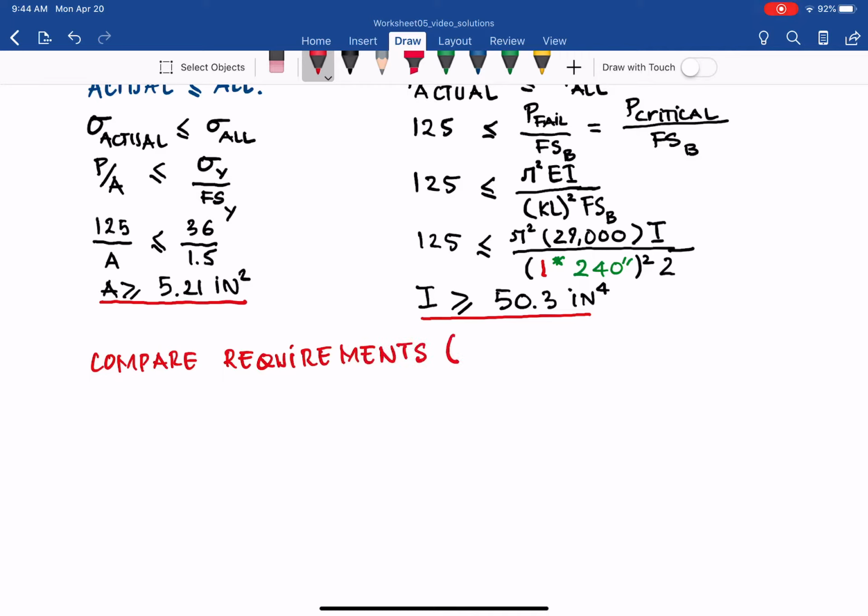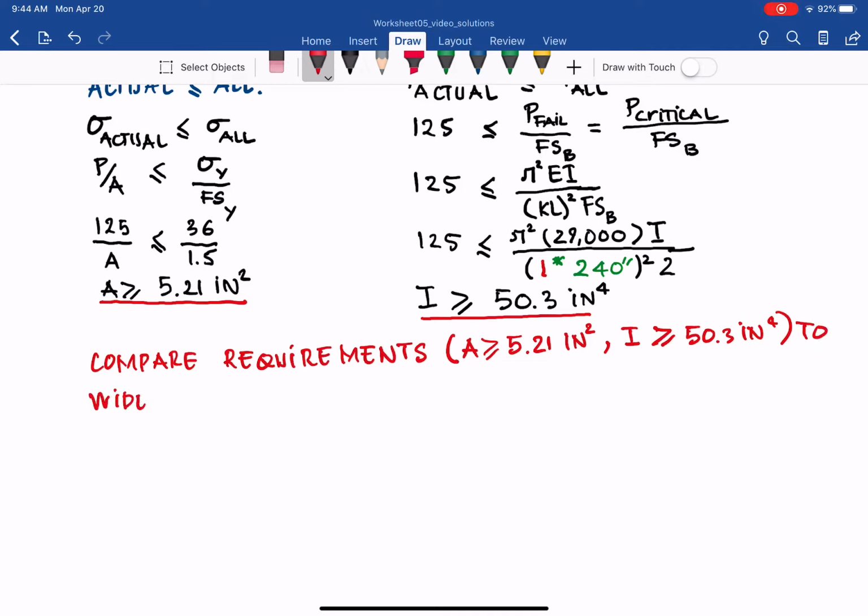The requirement is that the cross-sectional area has to be at least 5.21 inch squared, and the area moment of inertia at the weakest axis has to be at least 50.3 inch^4. That's the requirement.